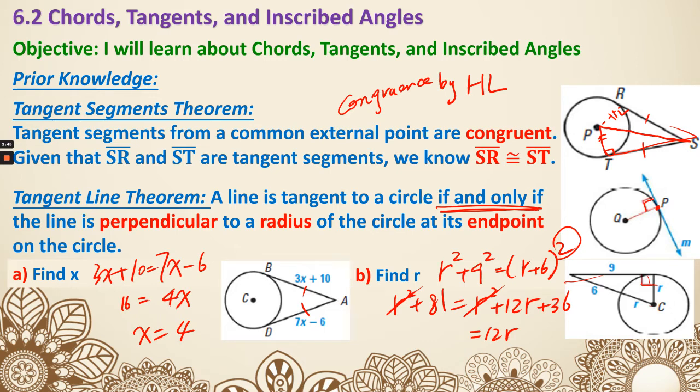We need to subtract the 36 to the left side, and that is going to leave us with 45. Divide both sides by 12. r is going to be 15 over 4. That is question B.